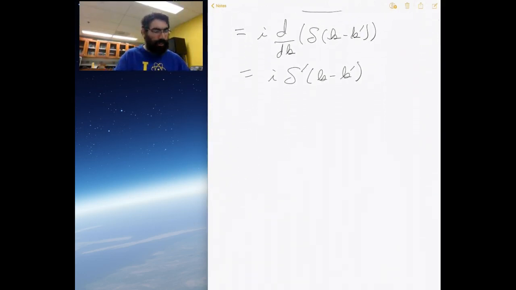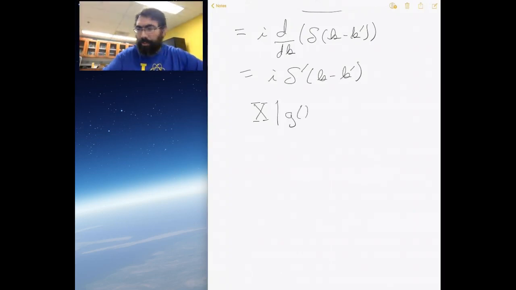So in the end, what this means is that if I took an operator x, the position operator I mean, and it operates on a state which is a function not of x but of the variable k, then that's the same thing as taking the derivative with respect to k of that function g.